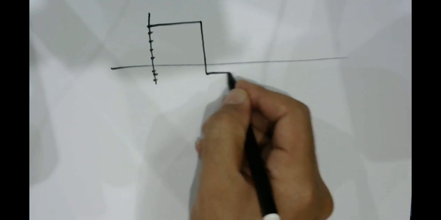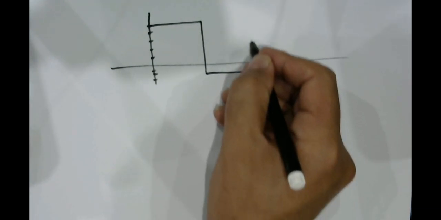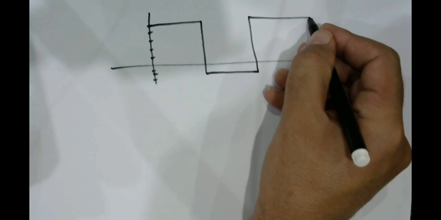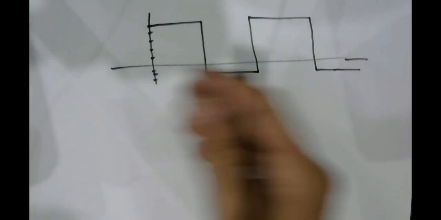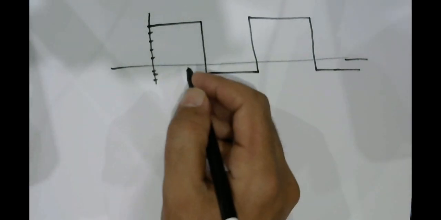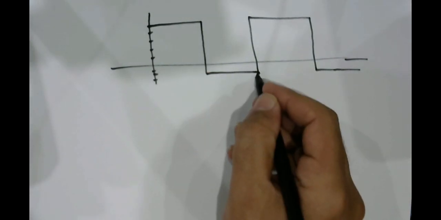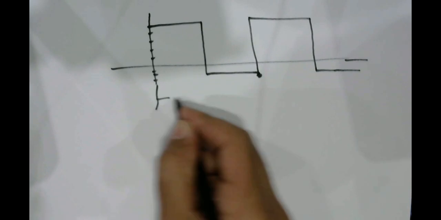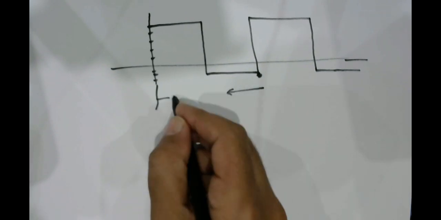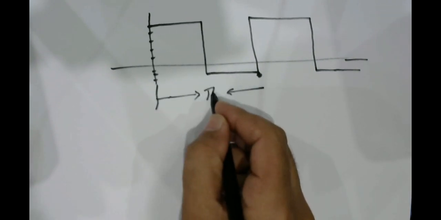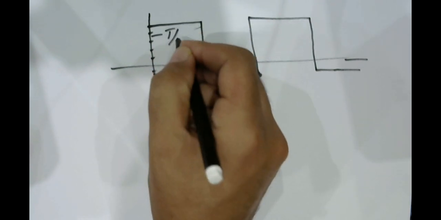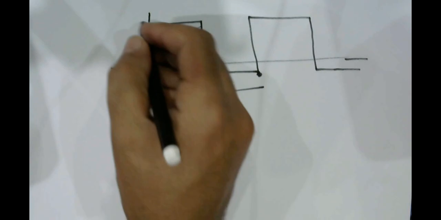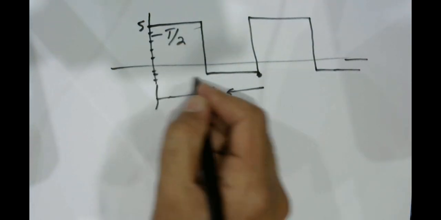This goes to -1, again this goes to 5, then to -1, and so on, and this is a periodic function like this, okay. And your period is from here to here, this is T, okay. So from here to here, this is T by 2, okay.